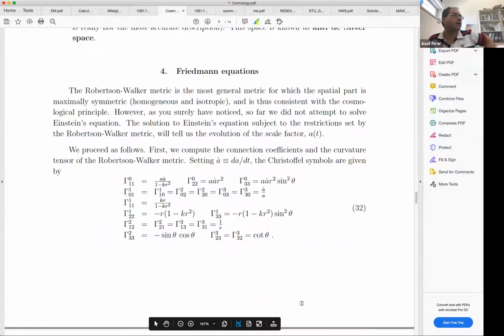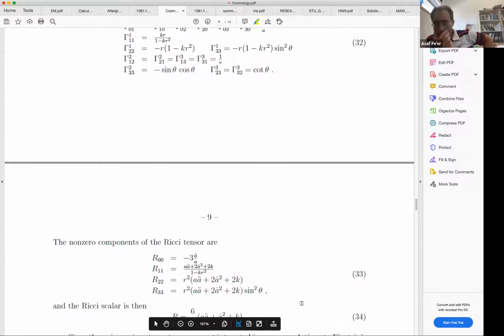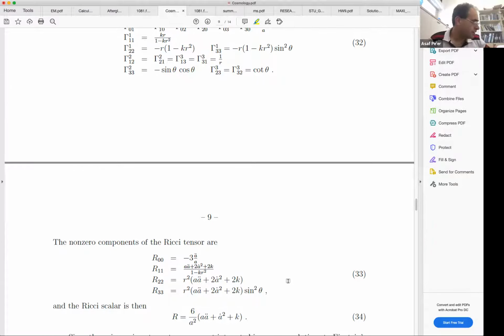After you calculate the Christoffels, the only non-zero components of the Ricci tensor follow. I skip a few steps here. Actually, I did not, because the entire Riemann tensor you can get right away because of the maximally symmetric spaces. So R00 is minus 3 A double dot over A, where A double dot is the second derivative of A with respect to time.